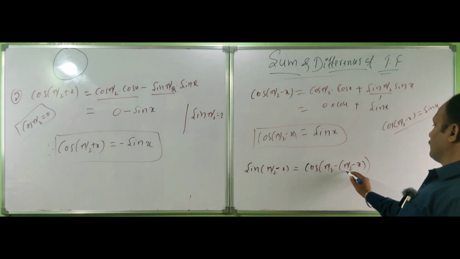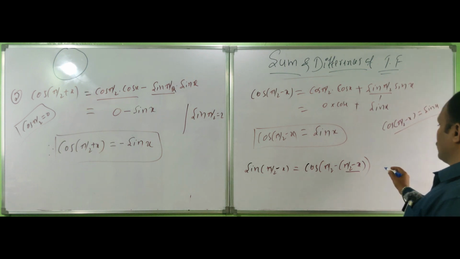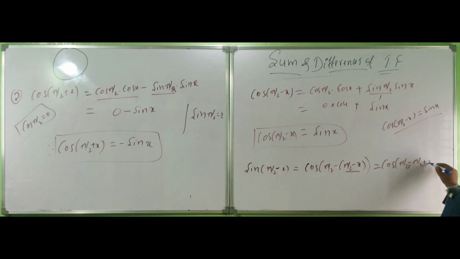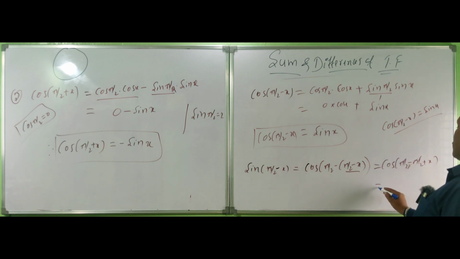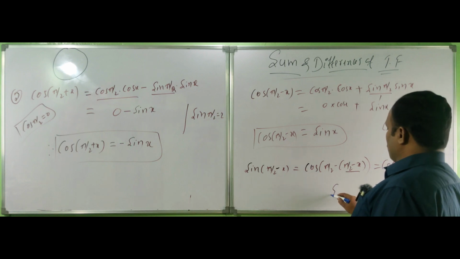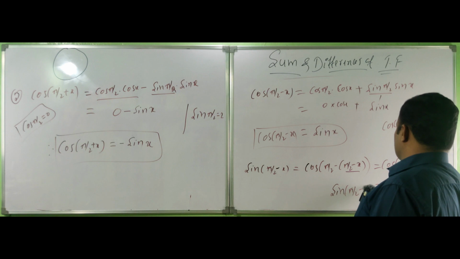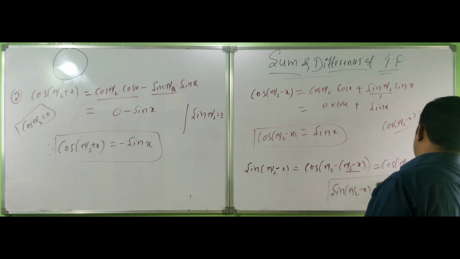So this gives cos of pi by 2 minus pi by 2 plus x. The pi by 2 terms cancel, and it gives cos of x. Therefore, sin of pi by 2 minus x gives cos x.